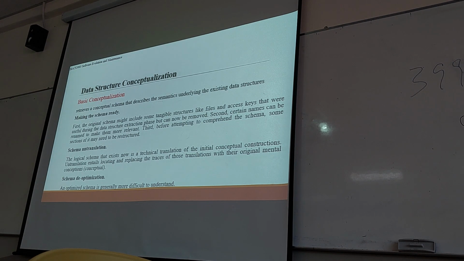This is the step where we try to reverse back to the original data model, because throughout the use of the existing system, the data model is being changed, or any field is being added, and also a field may be removed or modified.